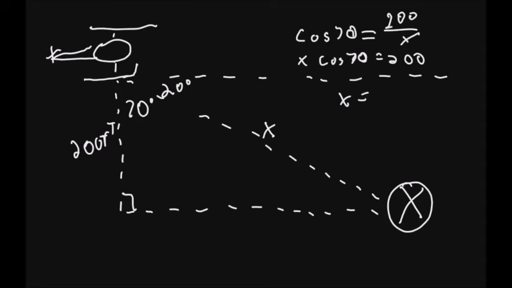So x equals 200 divided by the cosine of 70. So type that in the calculator. And when you type that in, you're going to get an answer, and we'll just round to the nearest whole. So that's going to be about 585 feet is the distance it's going to travel from 200 feet in the air till it gets to the ground.